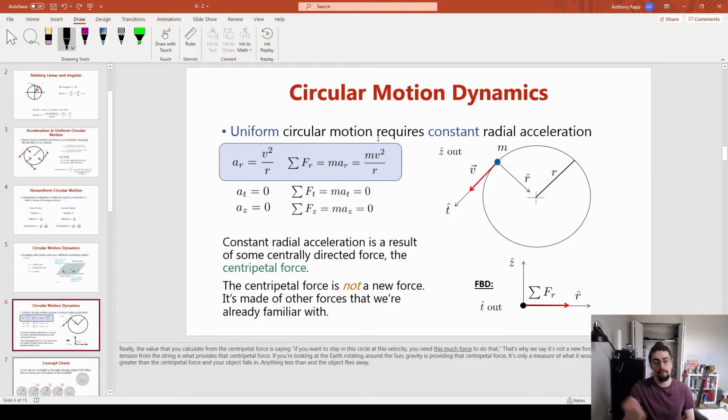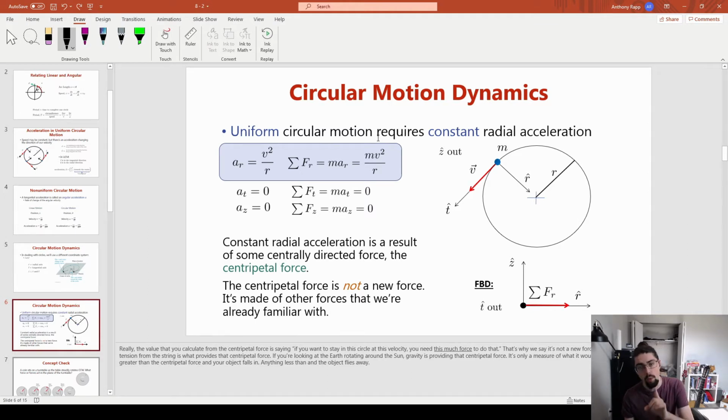I'm spinning the thing around my head. What stops the yo-yo from flying off across the room and putting a dent in my wall? Not even force-wise, just the object itself, the string. If I let go of the string, that thing's going to fly. If the string snaps, that thing's going to fly. The string is what keeps the yo-yo in that circle in the first place.